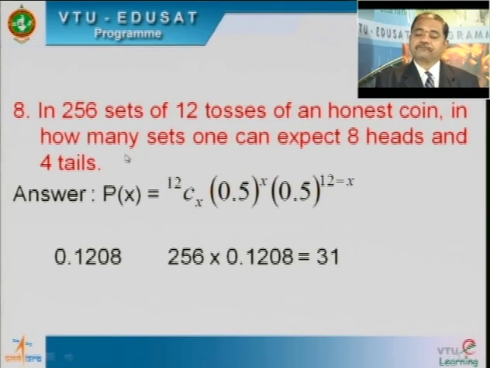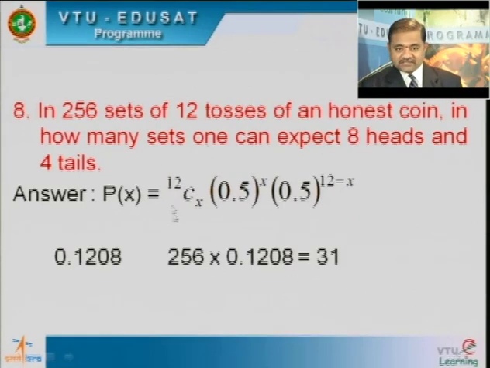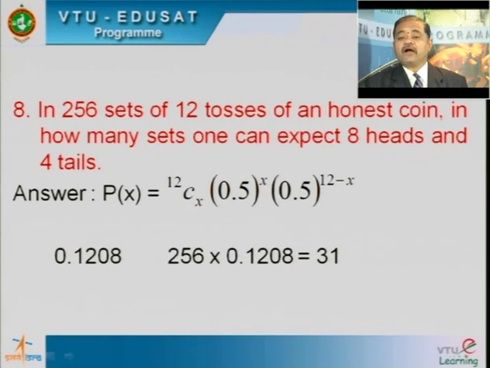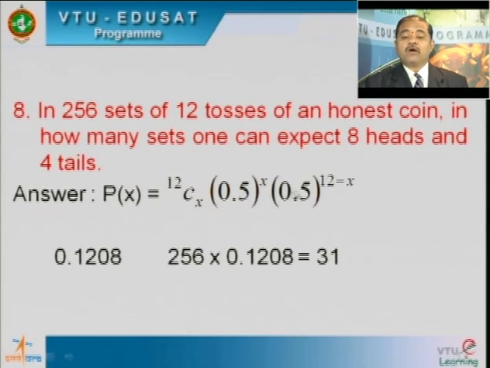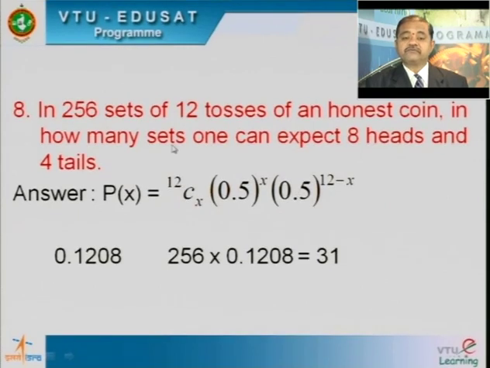I already told you previously, we have done a problem on a coin. If a coin is tossed, probability of head is 0.5, 1 by 2, and 1 minus 1 by 2. They have taken 12: 12Cx, 0.5 power x, 0.5 power 12 minus x.